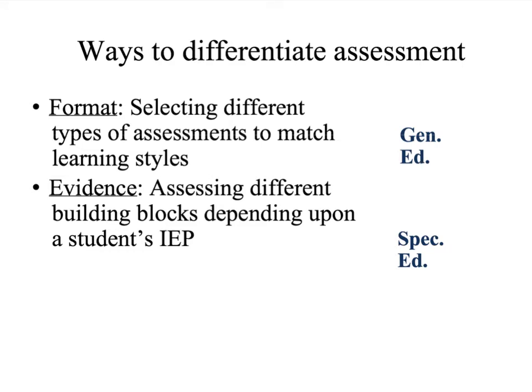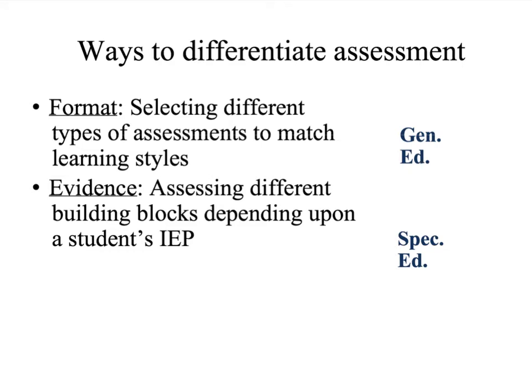So on the gen ed side, you're really talking about format differentiation. You're going to be providing students with options, whether we're talking about oral assessments or multiple choice tests or open-ended kinds of things, and we'll talk about specific examples. But when you're talking about differentiation in the assessment phase for gen ed students, you're only talking about differentiating the format of the assessment as opposed to what the assessment is evaluating.